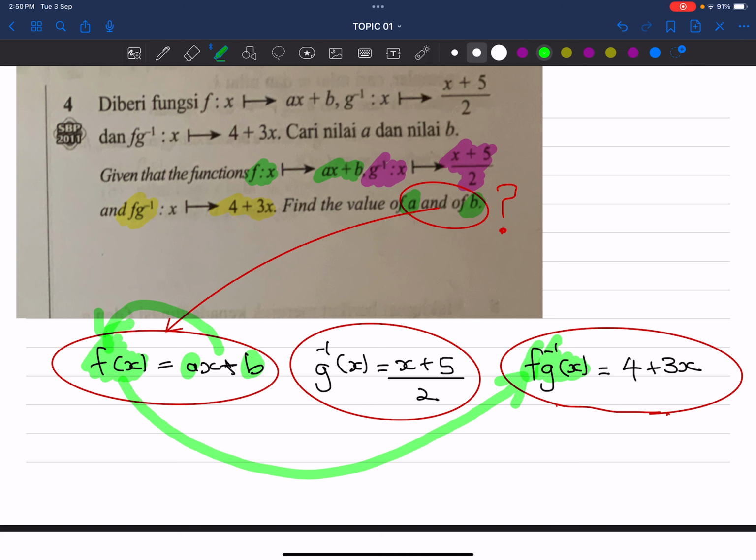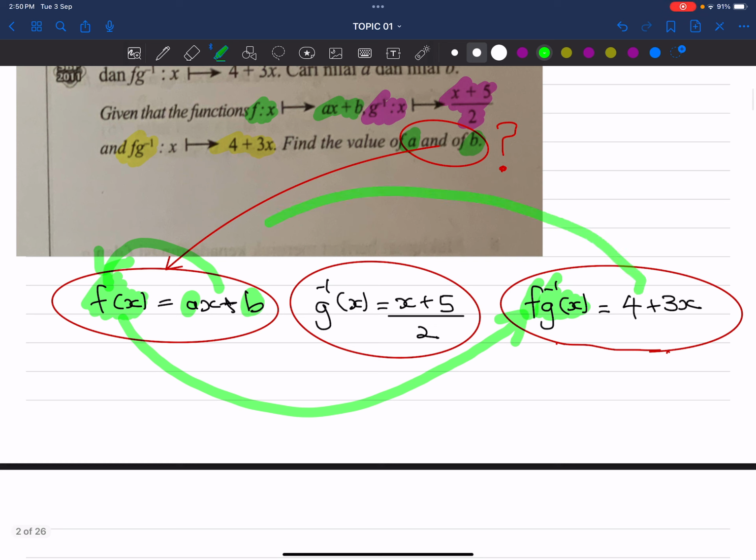I'm going to go back again to the f, which was in a and b.